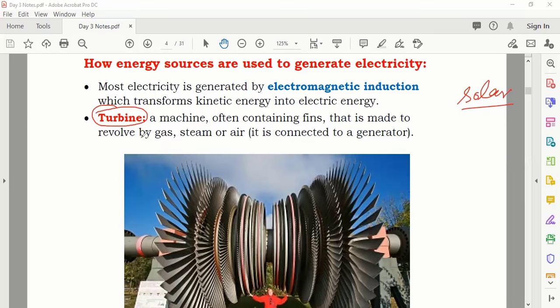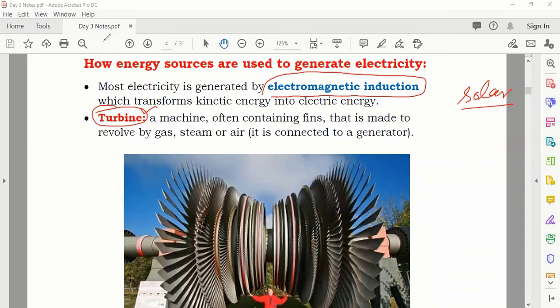In physics, you saw the AC generator, and you know that the coil moves between two magnets and it produces electricity. So you need a turbine and a generator to produce electricity with the help of the process known as electromagnetic induction.